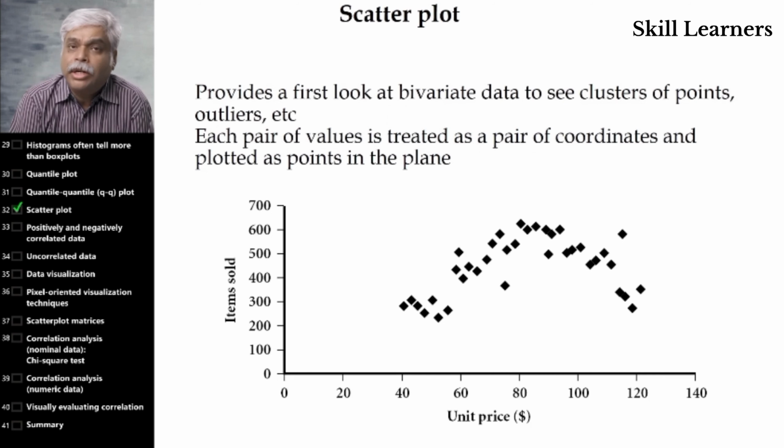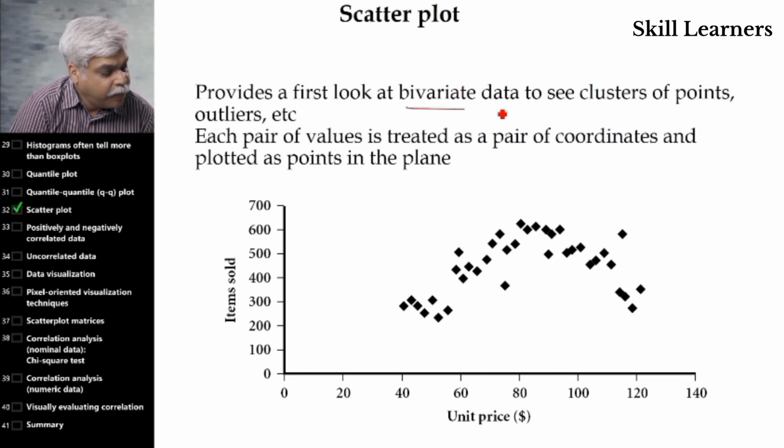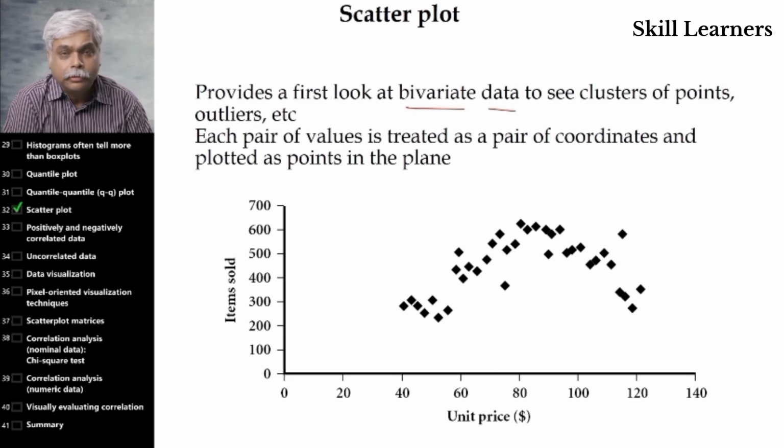But there's a simpler way to look at different variables, two variables. One of them is to simply plot the two variables on two different axes. This is what is known as bivariate data. What does the term bivariate mean? It means that instead of observing one characteristic in an observation, I'm observing two characteristics in an observation. In the mutual fund example, we saw only the returns, one number.